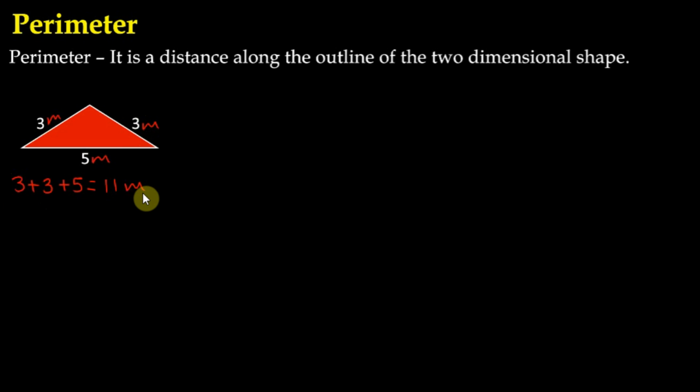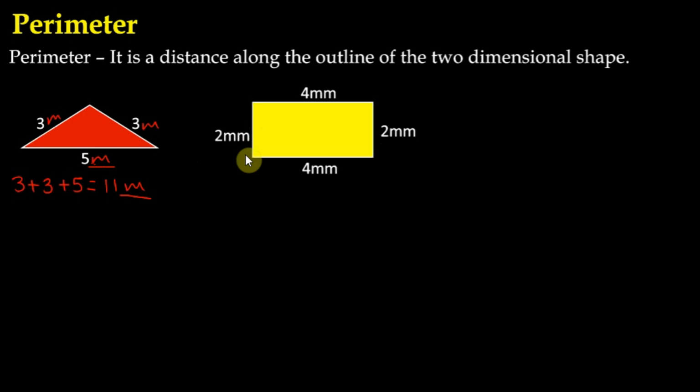Now the unit of the perimeter is the same as the unit of the length of the side. So here as we have the unit that is meter, so the unit of the perimeter is also meter. Let's take one more example. Here we have a rectangle and the lengths of all the sides of this rectangle are given. So let's add the lengths of all the sides to get the perimeter of this rectangle.